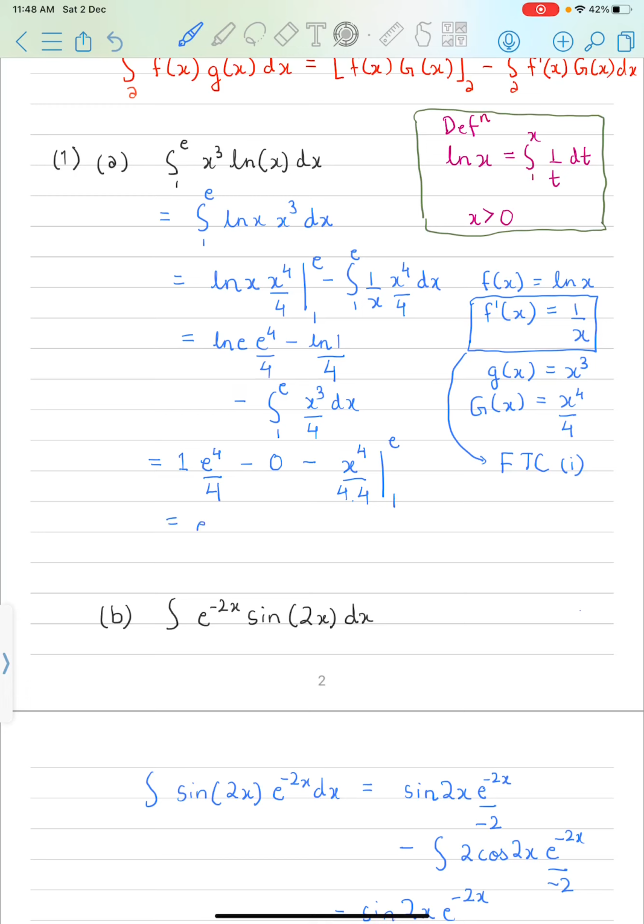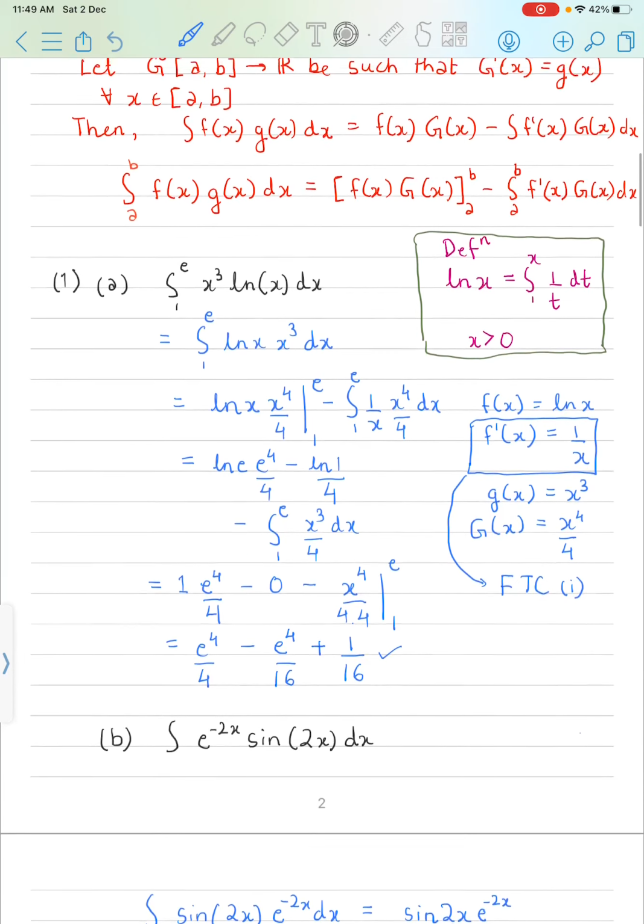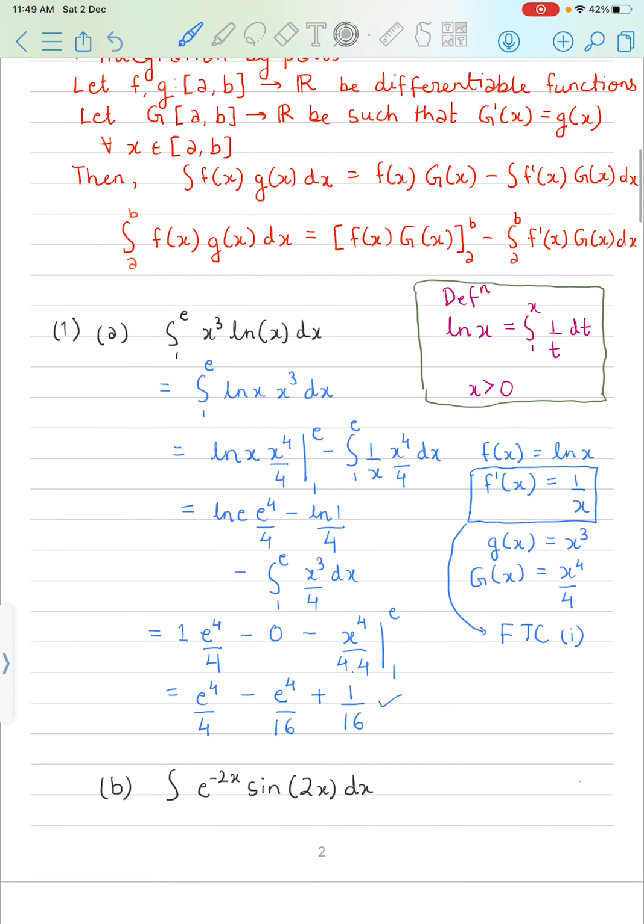Okay, so it will be e to the power 4 by 4 minus e to the power 4 by 16. Okay, minus, so this will become plus because there is already a minus, so this will be 1. Yeah, so you can do the calculation. So this finishes 1a.